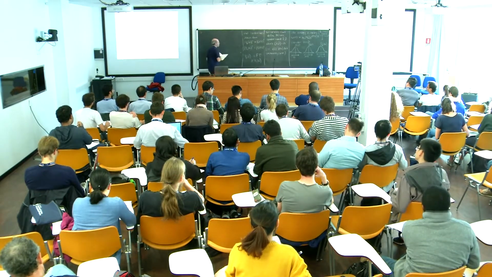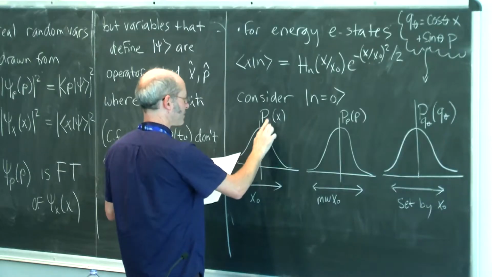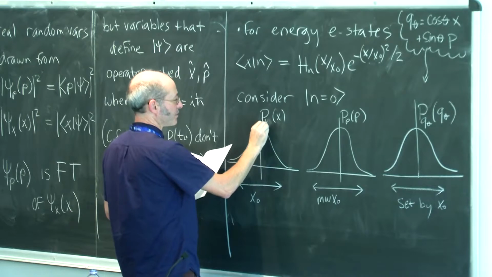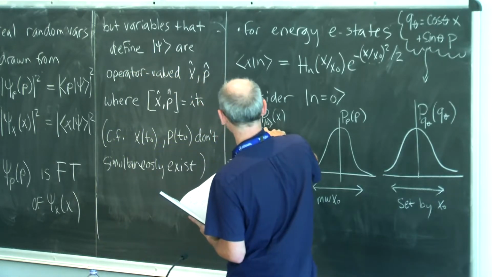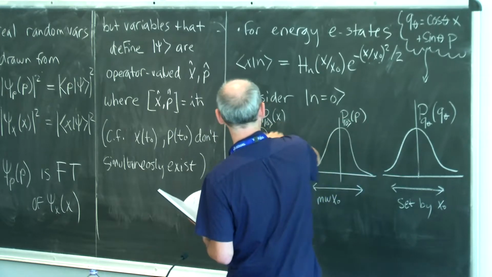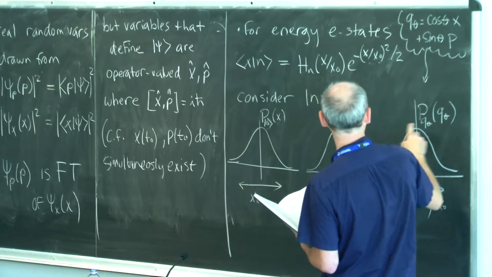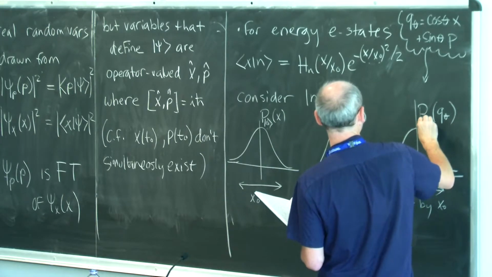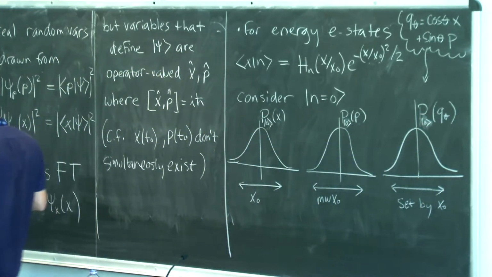So let me put a little subscript here, the zero ket, which says that this is the probability distribution associated with the ground state for measurements of x, the probability distribution function associated with the ground state for measurements of p, and the probability distribution function for the same state for any linear combination of them.